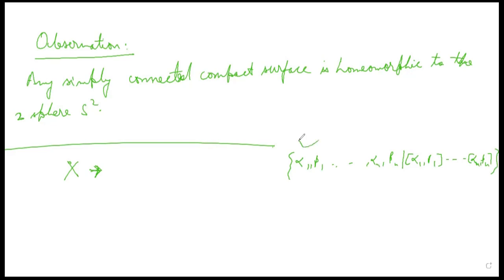So this connected sum of n tori is not simply connected. If X is homeomorphic to a connected sum of n tori, then it has to have the same fundamental group as the connected sum of n tori. Similarly, if X is homeomorphic to a connected sum of n projective planes, then it has to have the same fundamental group.